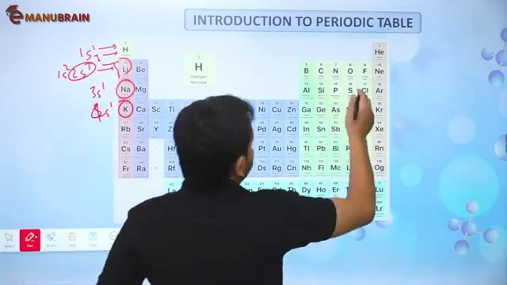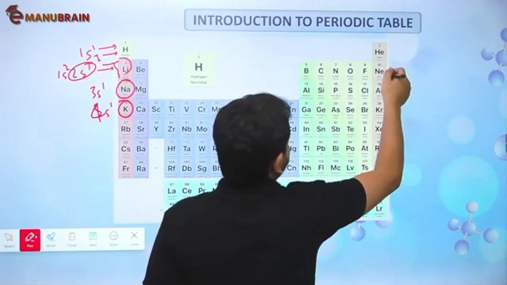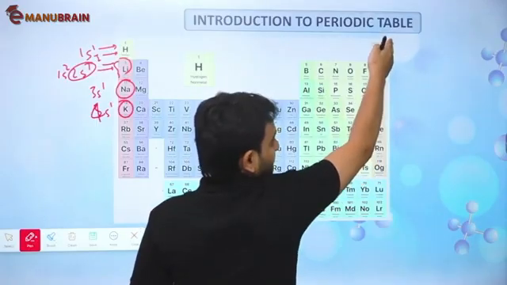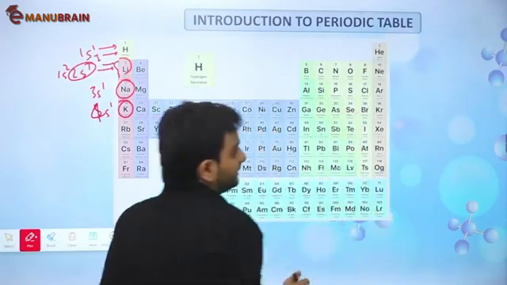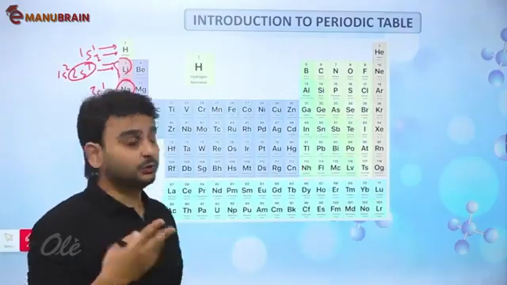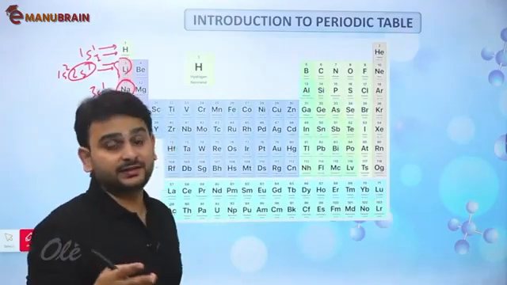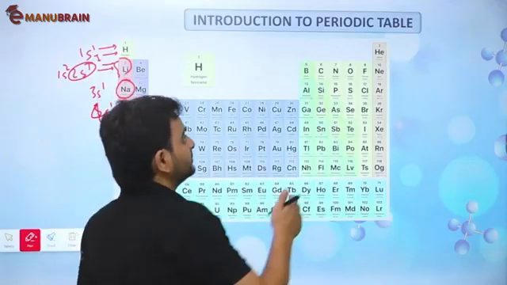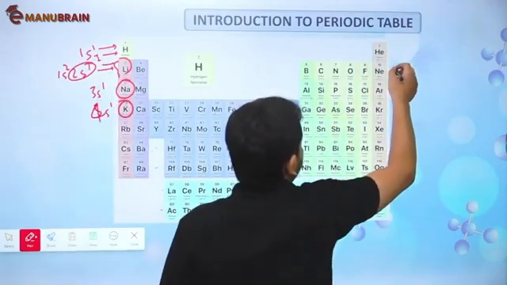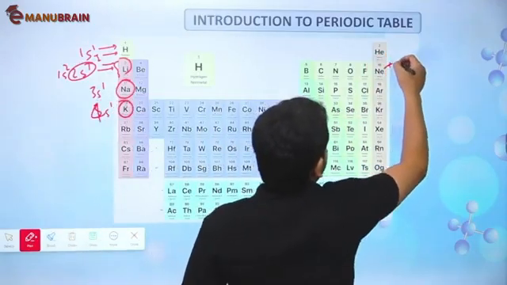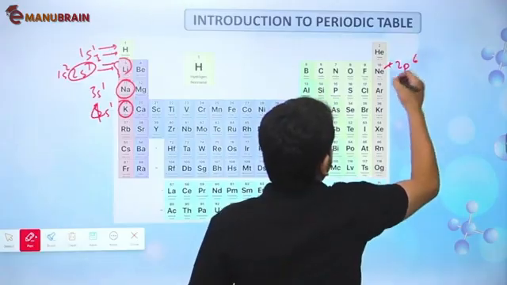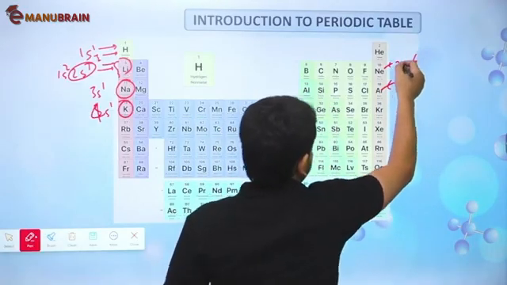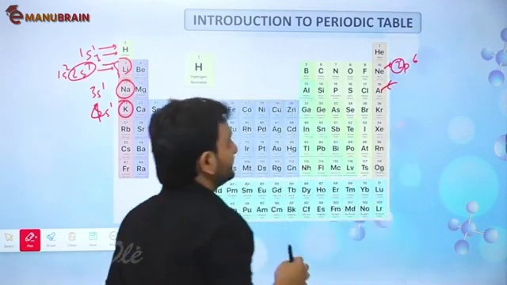If we talk about the p block elements over here, helium is definitely an exception, because it only has the 1s2 subshell that gets filled; there is no follow-up second orbital. But if you're talking about this, 2p6, it's still the second shell.